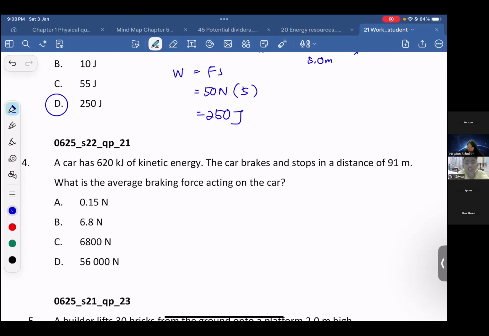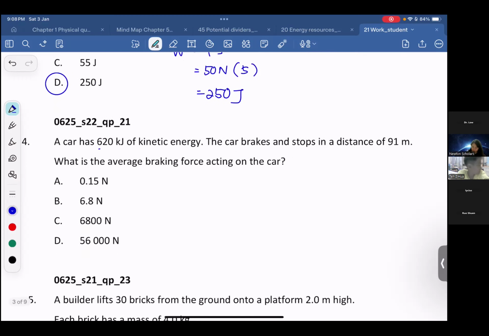Crystal, are you able to get the answer? So kinetic energy. Then I need to find the braking force. It moves with a distance 91. So how are we going to find the force?